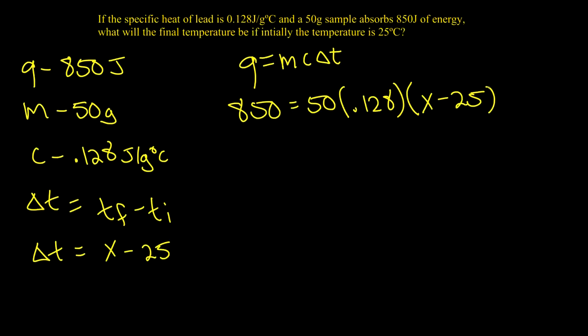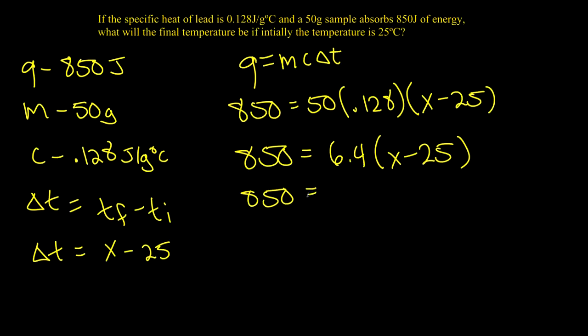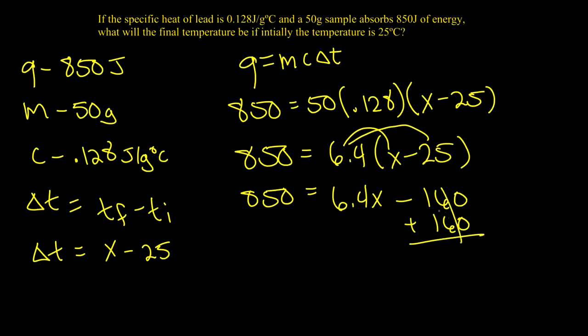Alright, let's knock out some algebra. This looks a little complicated, but it's truly not. So 850 remains 850. 50 times 0.128 gives me 6.4. So I got 6.4 times X minus 25. So I got 850 equals, here's where we distribute. So 6.4 times X is 6.4X. 6.4 times negative 25, negative 160. Now we add like terms. So plus 160, this cancels out.